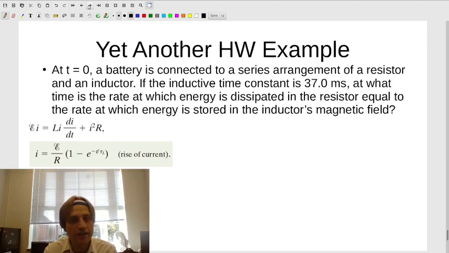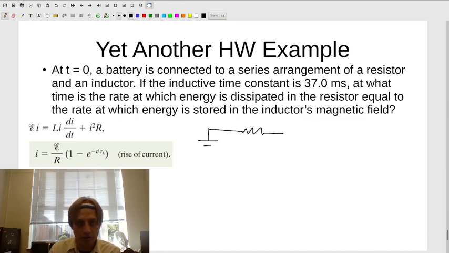Okay, here's the last homework problem that I gave you on this. Let's just read it and make sure that we're feeling okay about it. It says, at time equals 0, a battery is connected to a series arrangement of a resistor and an inductor. Okay, so this is our standard old RL circuit in series to a resistor and an inductor.